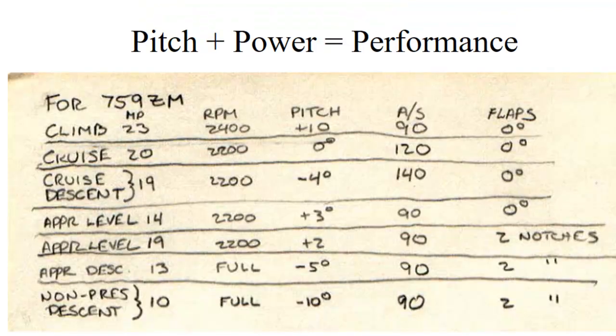Here's an example that I found in one of my pilot operating handbooks for a Cessna 182. A student of mine had just purchased a 182 and wanted to check out, and the first thing we did, he was an instrument pilot, so the first thing we did is we went out and determined the power settings for all of the different configurations that we might need.